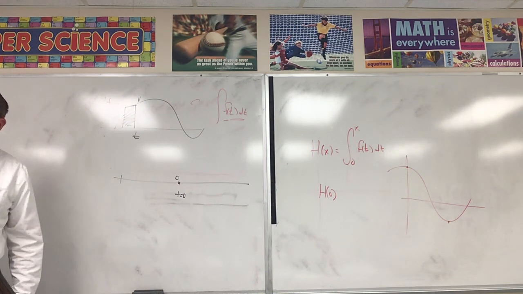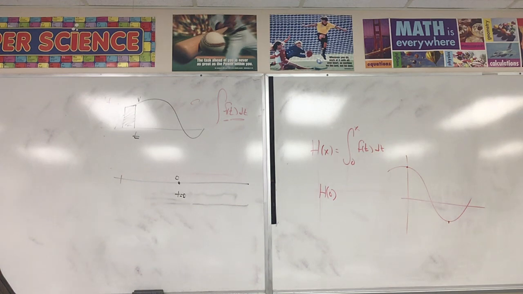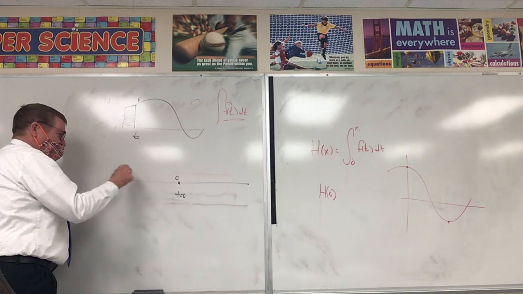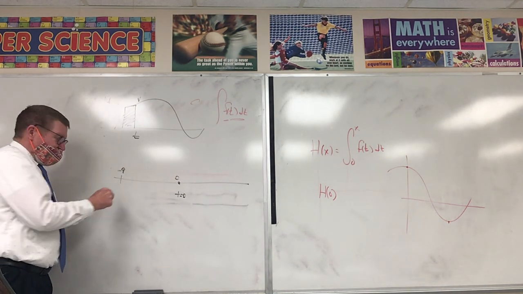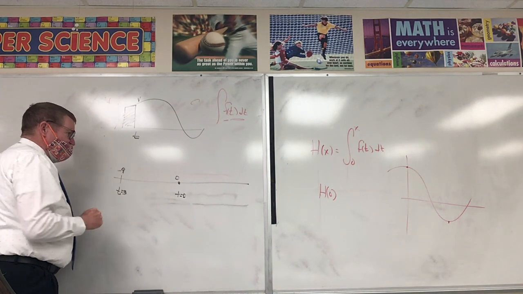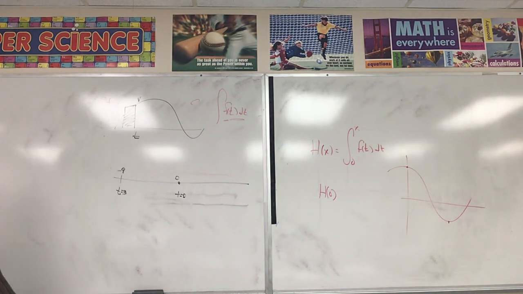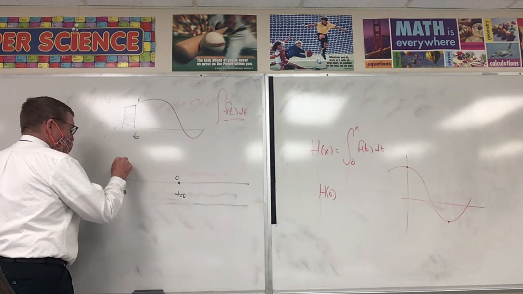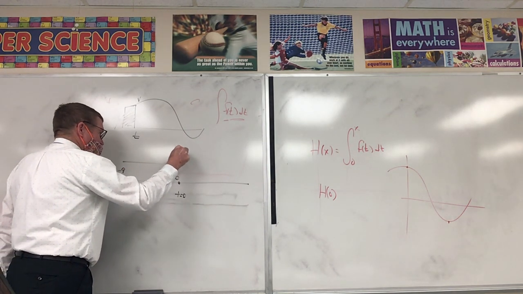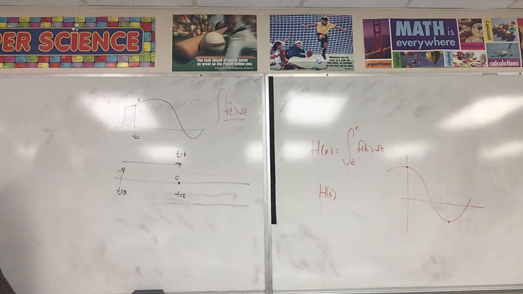So from 0 to 3, what is the area under the curve? We answered that question earlier. Negative 9. So if I started at 0, I'm now at negative 9 at t equals 3. From 3 to 6, how far did I go? Positive 9. So now I'm back here, t equals 6.